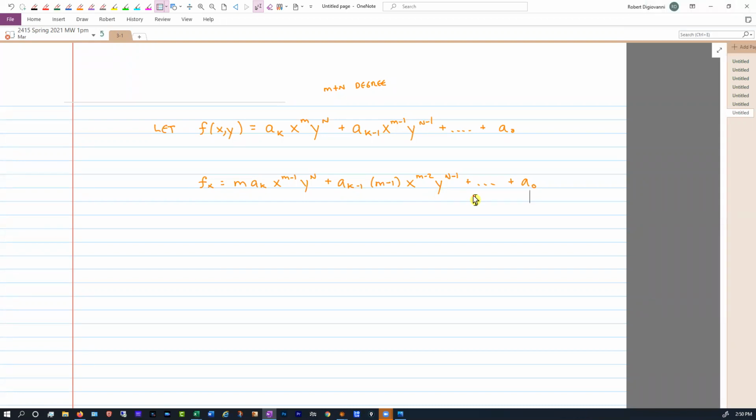Because where we're going right now, we can just take as many derivatives as we want since we've generalized it to m and n. So we're definitely probably going to need some induction here, or something along those lines. I'll look up the formal proof and see if I could tweak it to work for polynomial functions, or at least support my conjecture of polynomial functions being commutative in their derivatives.